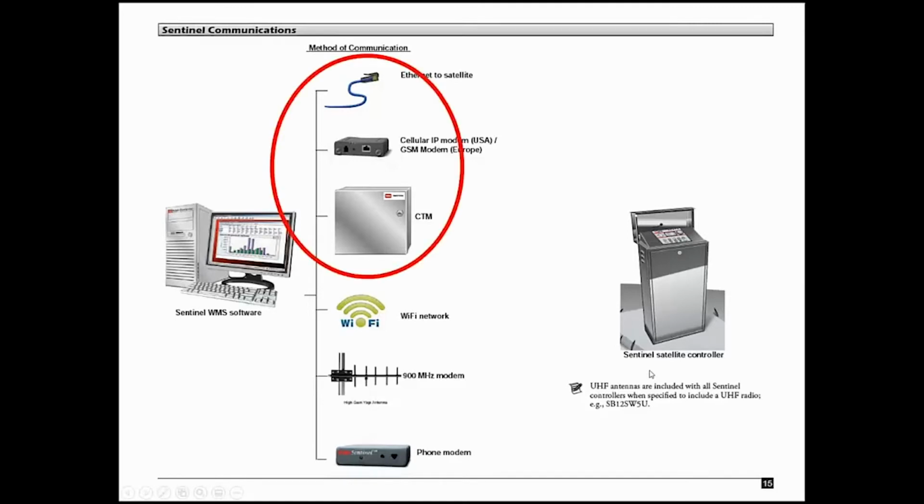But these are the three we're going to focus in on this afternoon in communication, because these really are the three most common forms of communication out to any Sentinel controller, where it's either going into a CTM, converting to radio, going cell modem, which we're doing more and more with cell, or it's direct line Ethernet right to the controller, which I'll show you on the version 3 how this works.